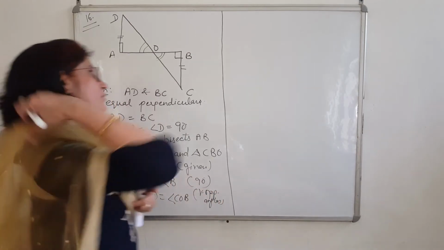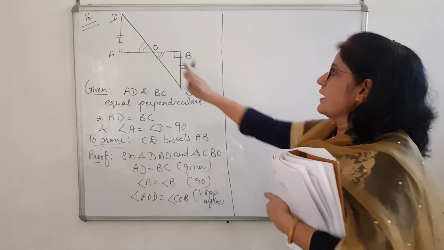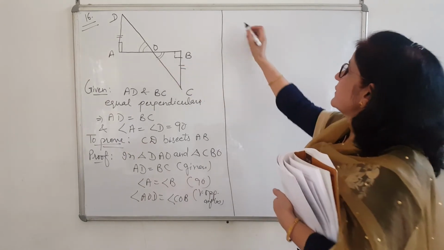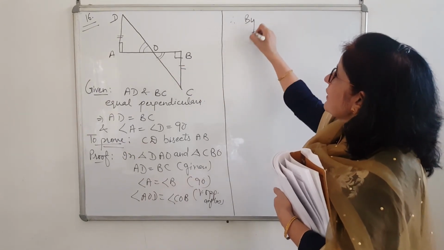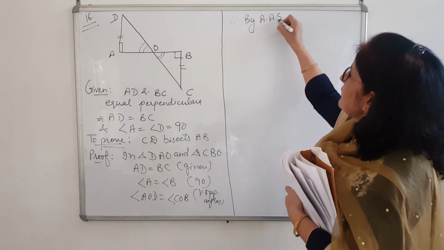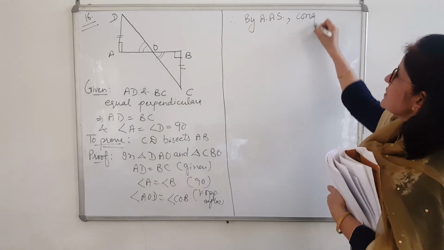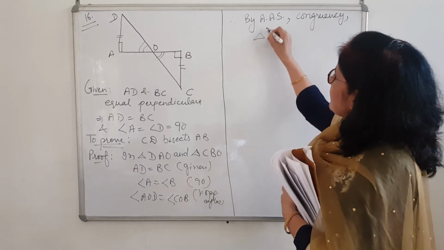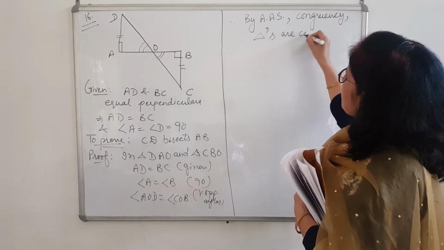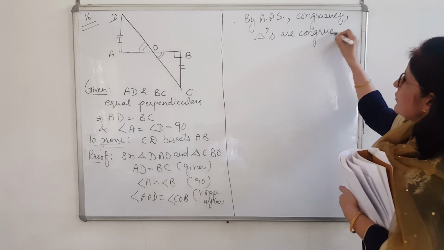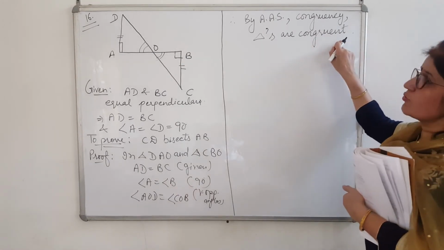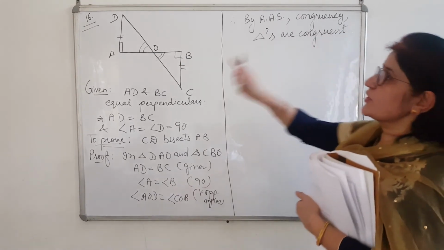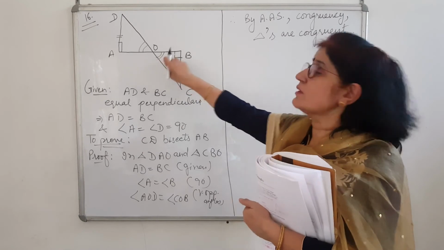Now which property will we follow? Angle side. Therefore, by angle side condition of congruency, triangles are congruent. If triangles are congruent, then corresponding parts will also be congruent or equal.